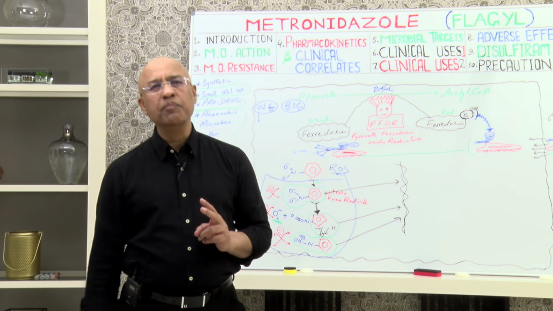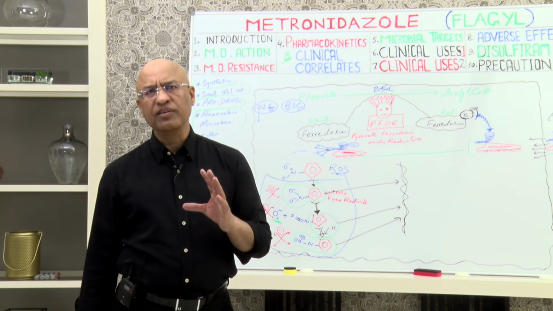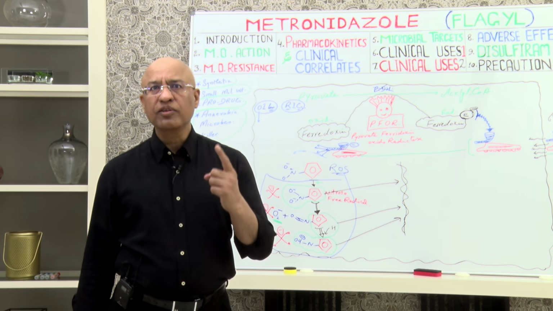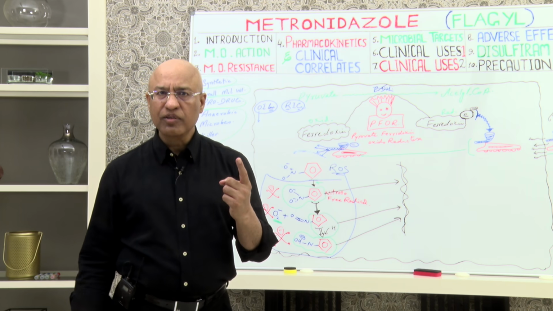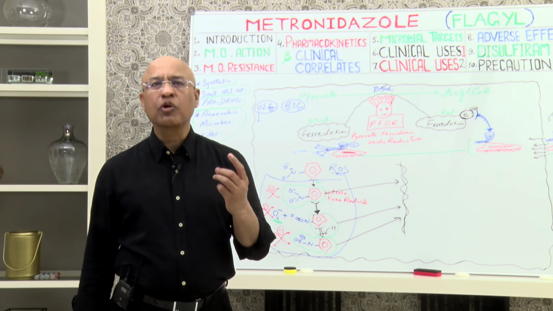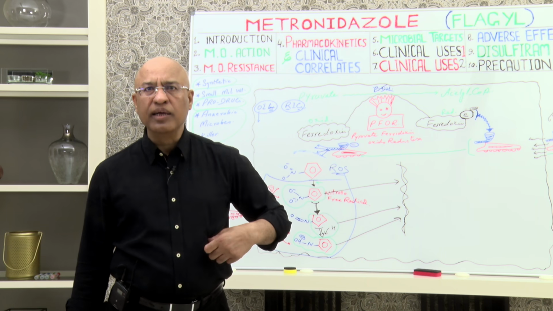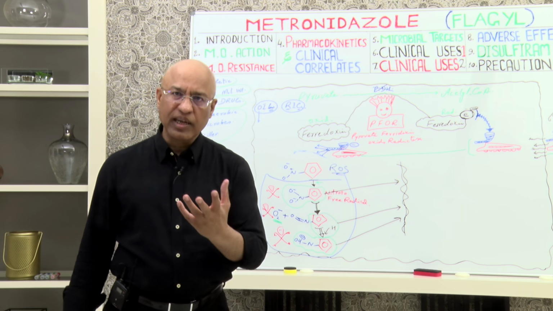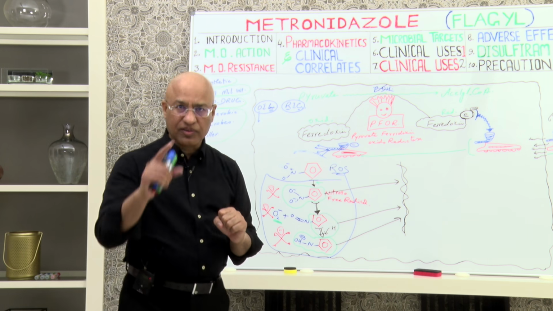So remember: resistance among anaerobic organisms is very rare against metronidazole, but resistance is commonly seen in Helicobacter pylori and Trichomonas vaginalis. Now what is the mechanism of resistance?